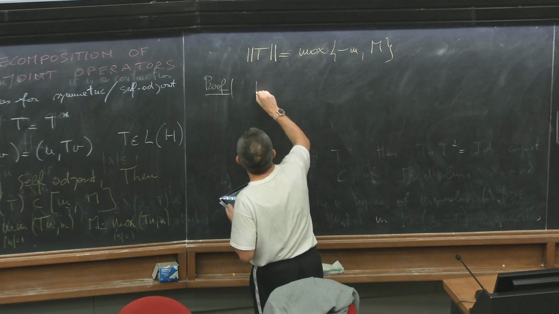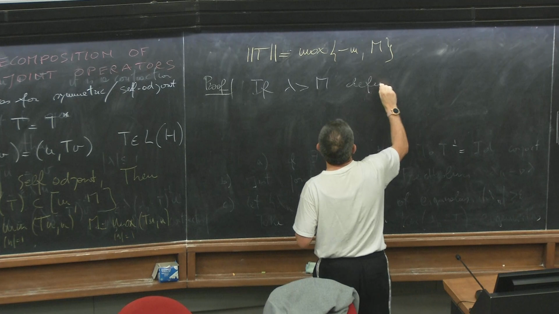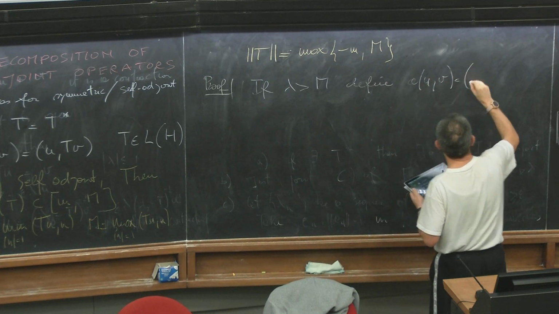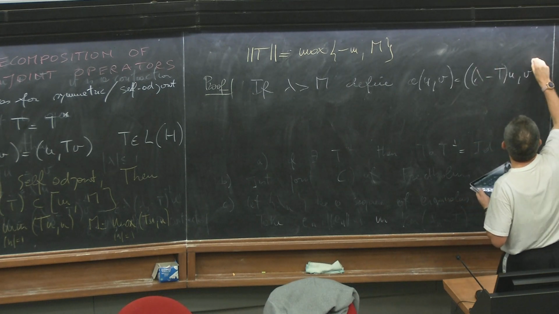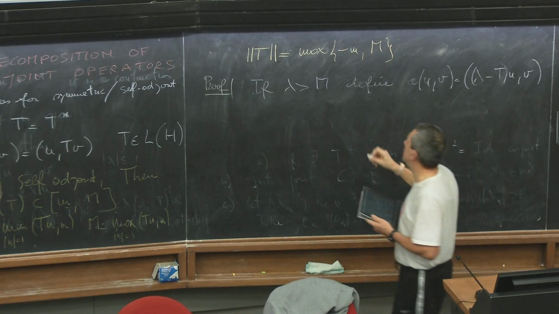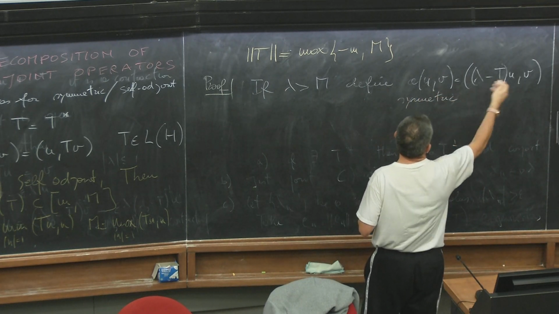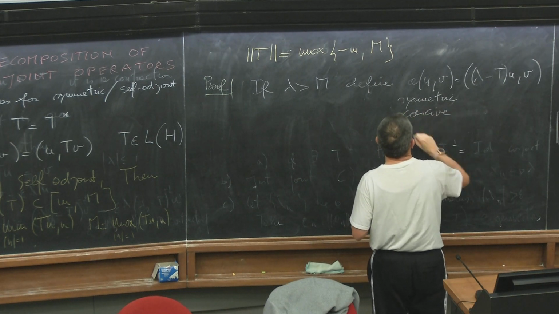So define A(u, v) equal to <(lambda minus T) u, v>, and then you have that this is symmetric, simply because T is self-adjoint, coercive, and bilinear.